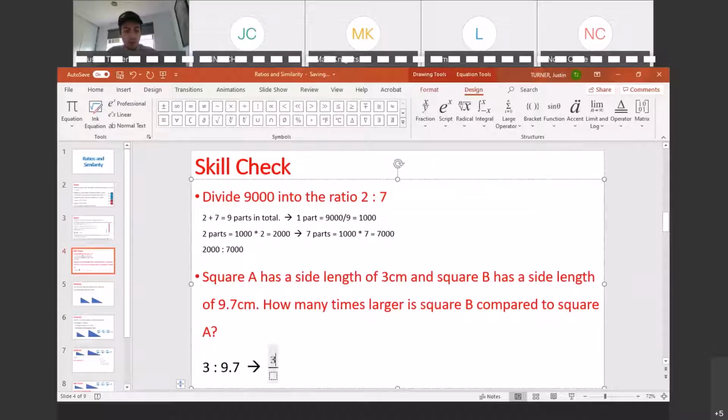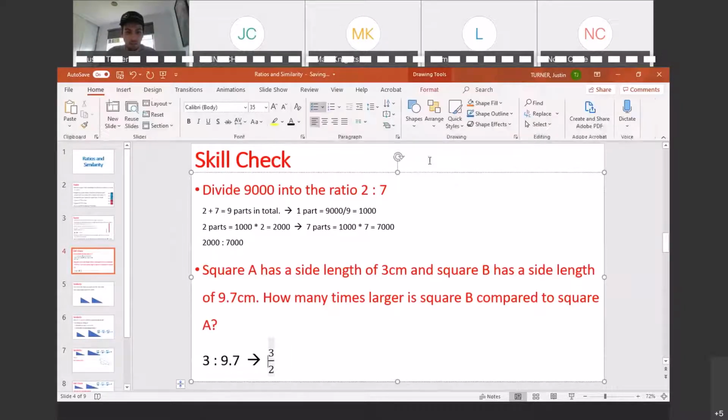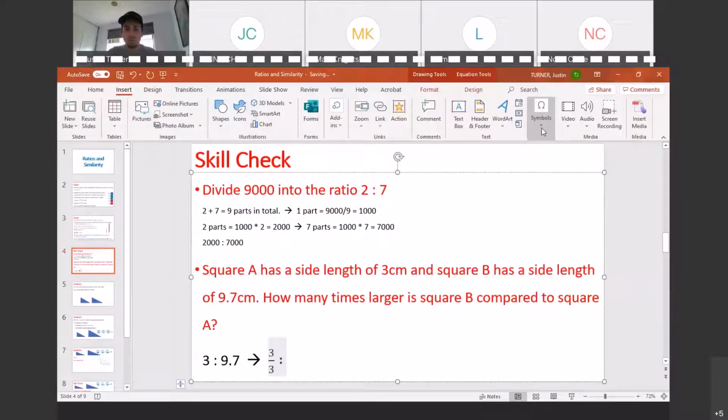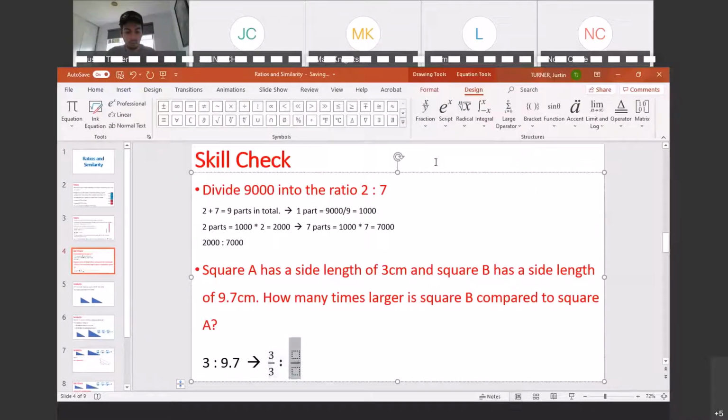We're going to have 3 over 3 to 9.7 over 3.